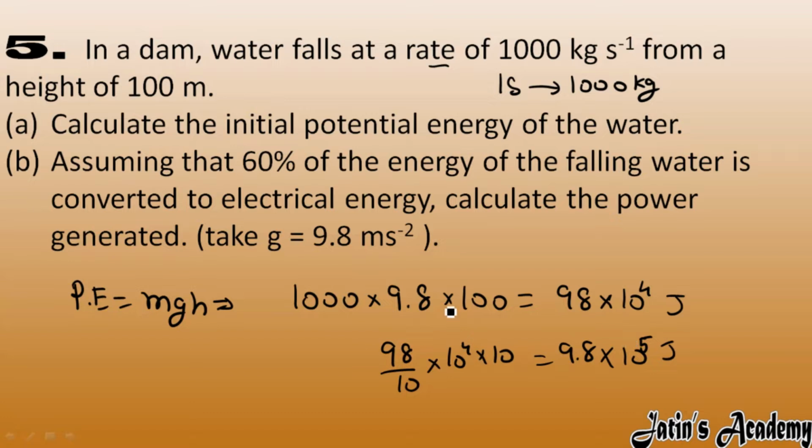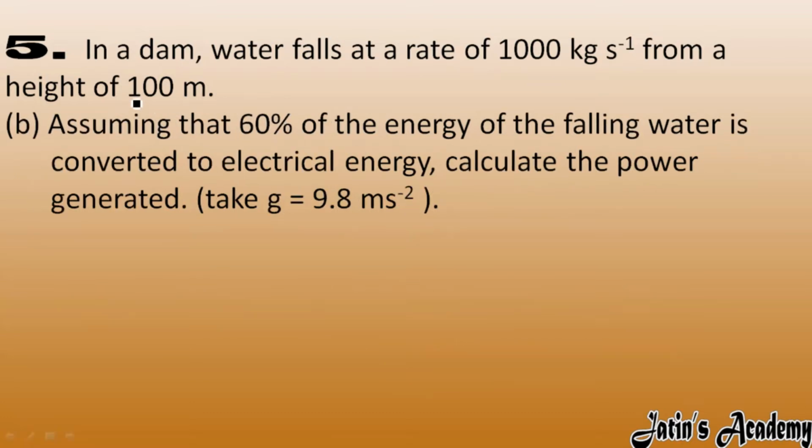Now we have to calculate the next part, assuming that 60% of the energy of falling water is converted into electrical energy. So out of this total energy, 9.8 into 10 raised to power 5 joule, only 60% is converted into electrical energy.